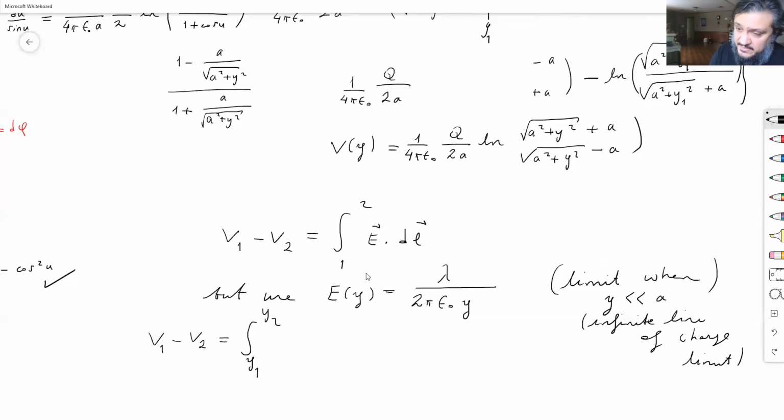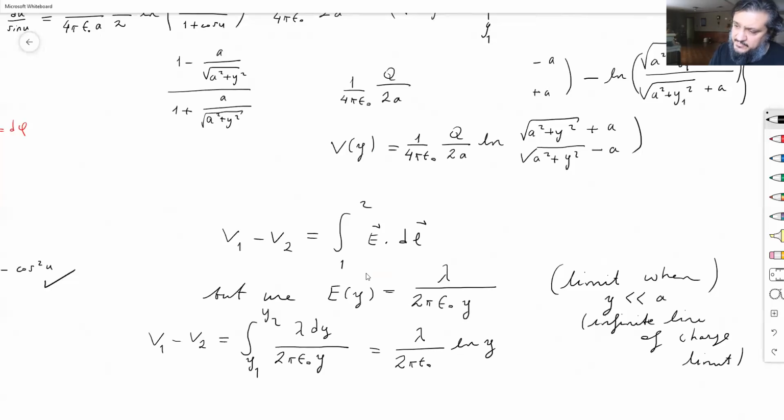So it's a line integral along the electric field. Lambda dy divided by 2 pi epsilon 0 y, which is simply the logarithm of y. So lambda over 2 pi epsilon 0 ln y.